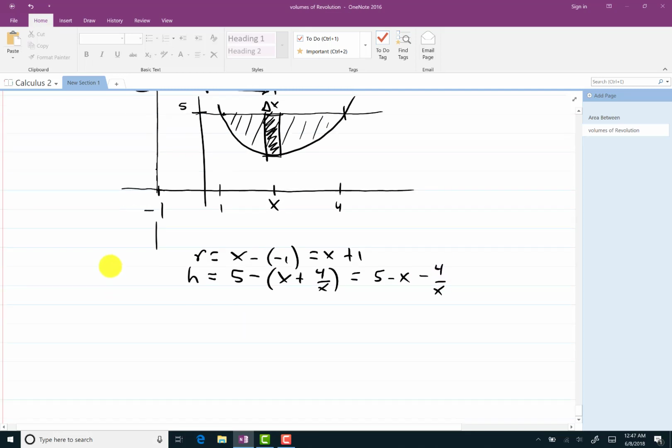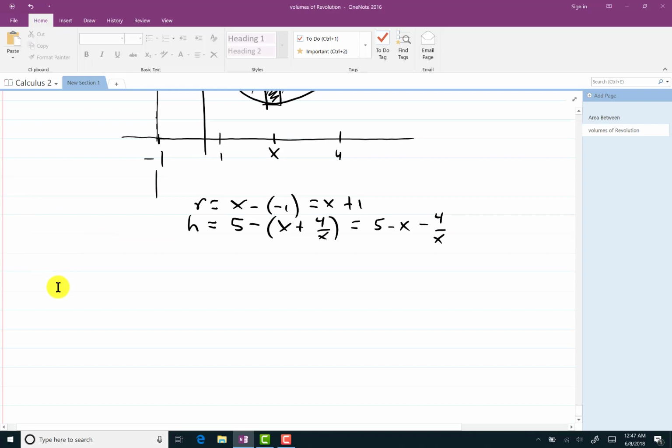All right. Then I am ready for the volume of a shell. Equals 2 pi r, which is x plus 1, h, which is that thing, 5 minus x minus 4 over x, times delta x.